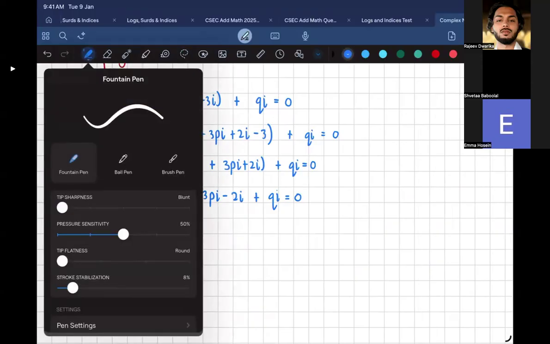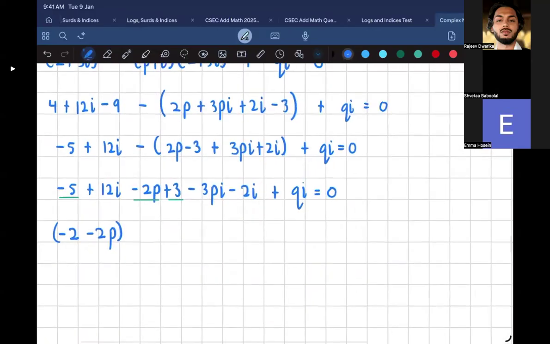Right. So let me continue. We group together the real parts. Before we do anything, we have 12i minus 2i. What is 12i minus 2i? 10i. So we have plus 10i, and we have minus 3pi plus qi.